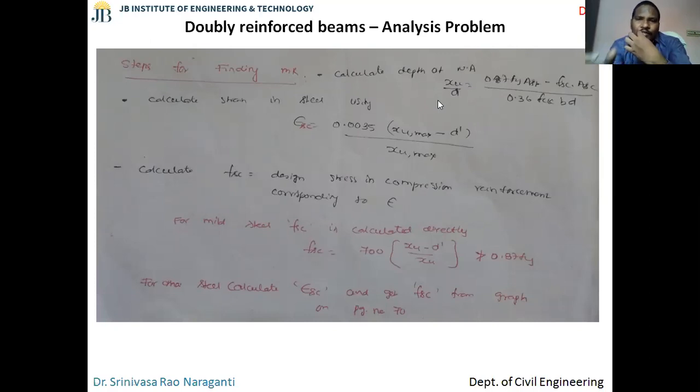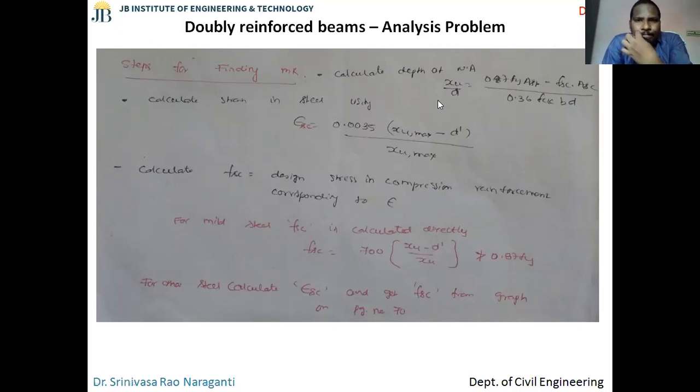Then we find out for the difference moment, in the sense design moment minus MU limit value. That is the differential moment value. For that moment we'll provide reinforcement separately: how much reinforcement is required in the tension zone and how much in the compression zone, we'll find out separately. Because that's what is called analysis.